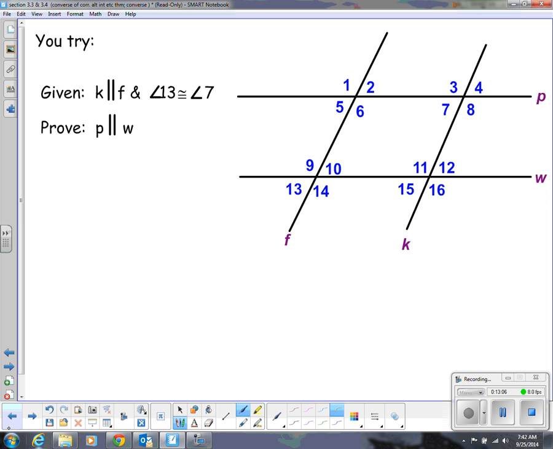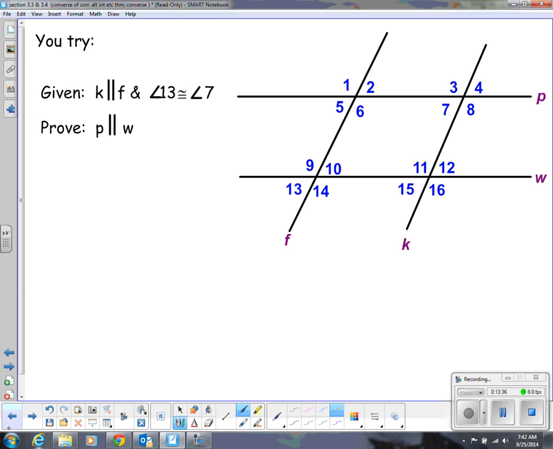I think it's two sections combined. In 3.3, you're going to do 7 through 12, where you figure out which ones, just like what we did. You're going to do 14, 16, 28, and 47 through 50, which is review.